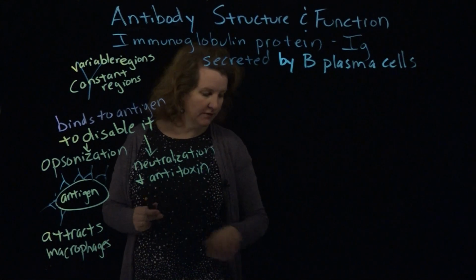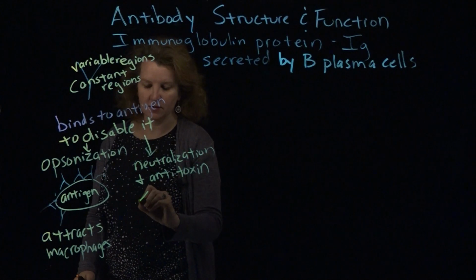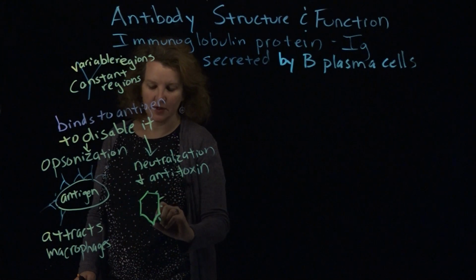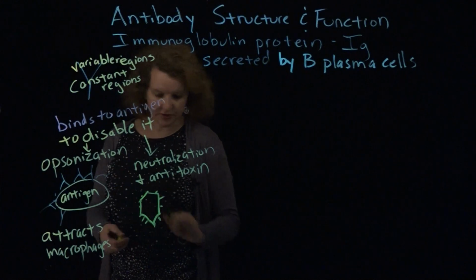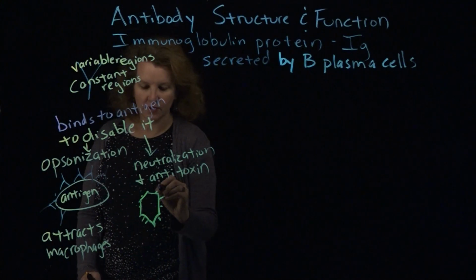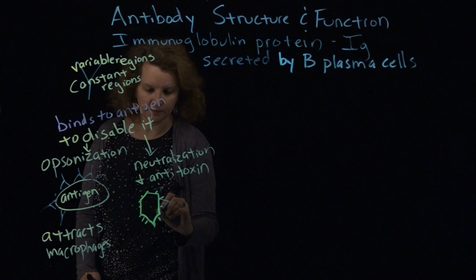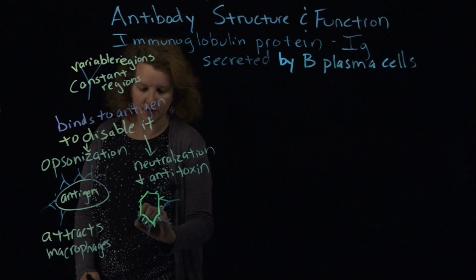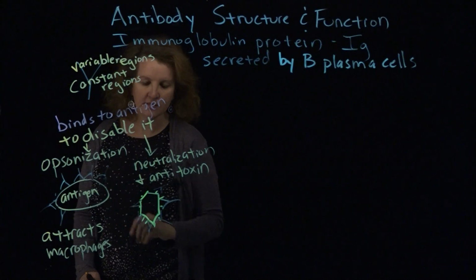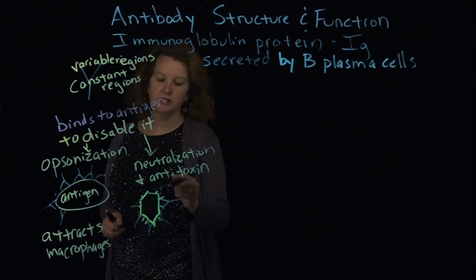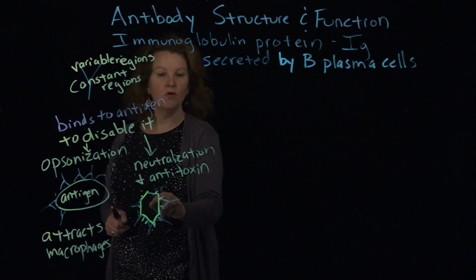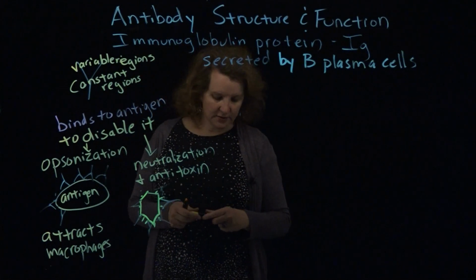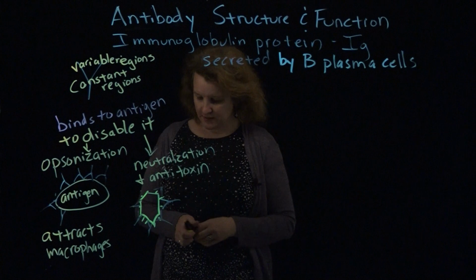So for example, if you were to have a virus, and it's counting on its spikes to bind to a particular host cell for entry, but now it's coated with these antibodies, it can't bind anymore, so that's neutralization. And then antitoxin is also a type of neutralization. It just refers to not binding to the whole antigen, but the toxin that it makes itself. Okay, so that is a couple of activities.